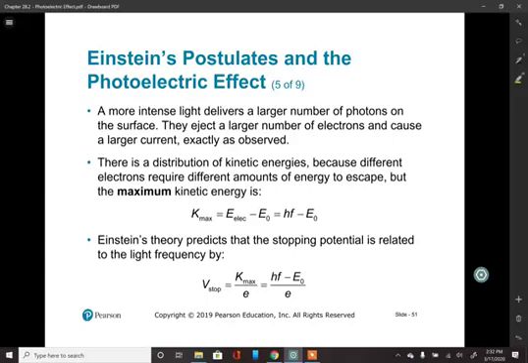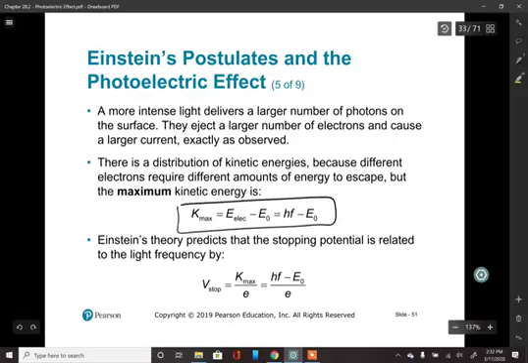And then finally, you can relate the stopping potential. Again, this is energy conservation. This is what we just talked about: hf, the energy you get from light, and the cost to leave. You have a certain amount of energy left over.